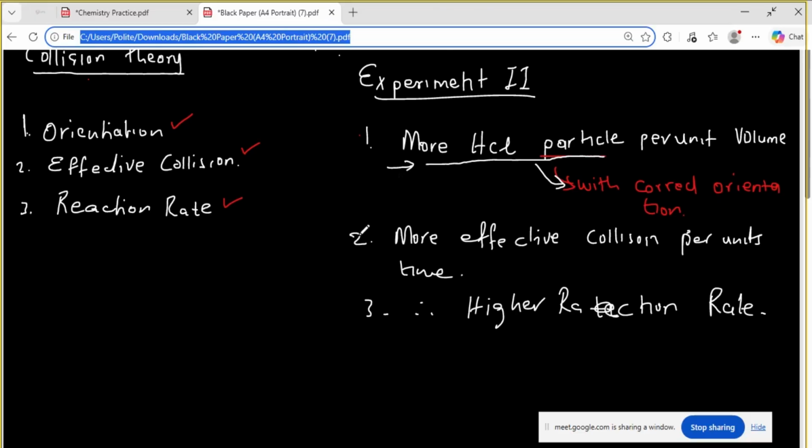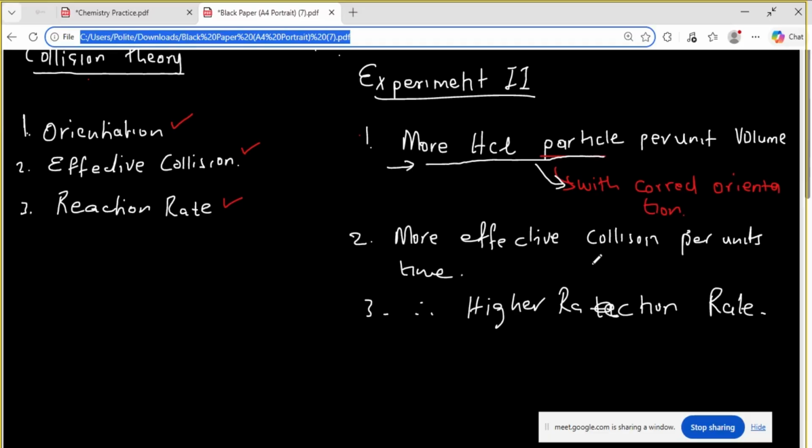Okay, so looking at the question that you asked, what is effective collision? Remember, effective collision is between reactant particles and results in a chemical reaction.